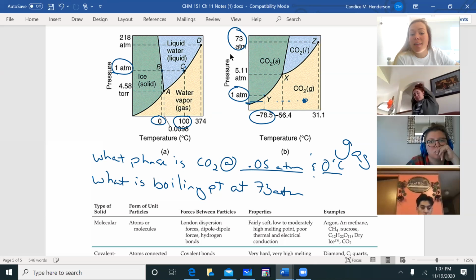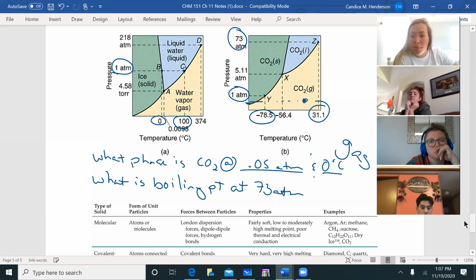So we just have to find the line that signifies boiling. This one is not it. This is going from solid to liquid. That would be melting. So we want to go all the way over to point Z here and drop it down, and it tells us, hey, we'll boil at 31.1 degrees Celsius. But 73 ATM is a very high pressure system. That's 73 times more pressure than us at sea level.